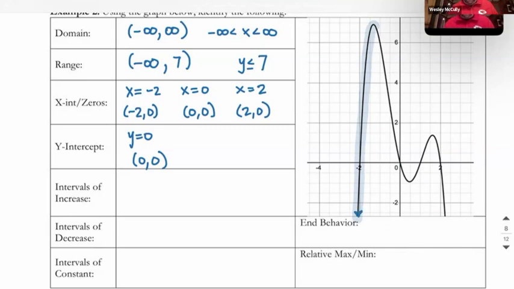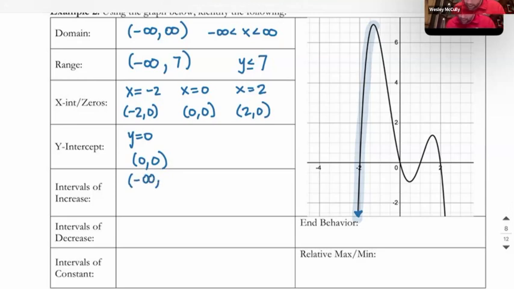Well, it's coming from negative infinity, right? It goes to the left forever and ever and ever. So we can't actually see that happening because we're limited by a finite space, but it goes forever. So this interval is going to look a little different than last time. We know it's increasing, but it's coming from negative infinity.